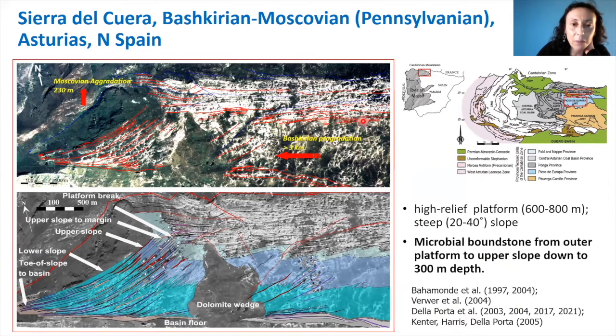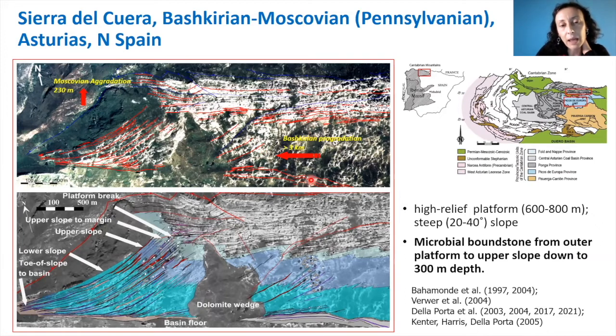As you can see from this aerial photograph, so we are looking from above, we have subhorizontal strata indicating the platform top that are parallel with basinal strata, and some oblique lines. These lines represent the slope clinoform connecting the basin and toe slope strata with the platform top.